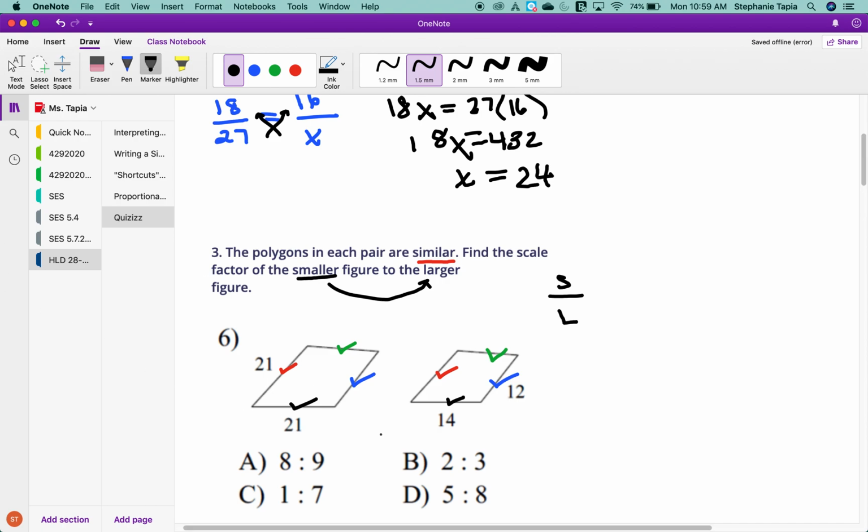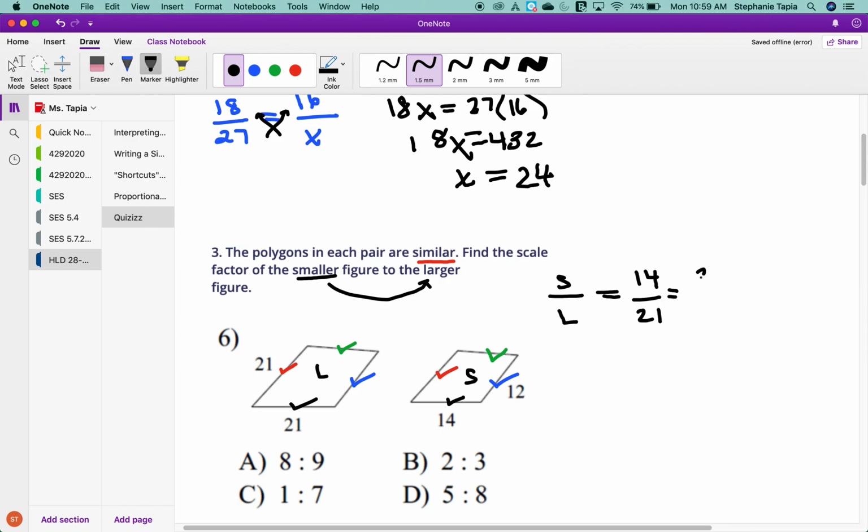measures in both figures. So in this case, all we need to do is set this up like smaller figure to the larger figure. So we're going to do, this is small, this is large. So this is going to be 14 to 21. And then you're just simplifying this fraction. So we can divide 14 and 21 by 7.